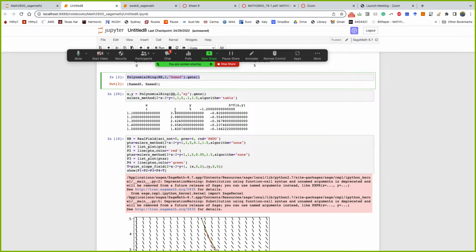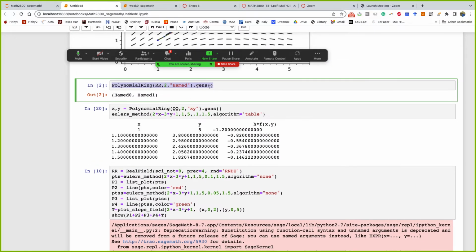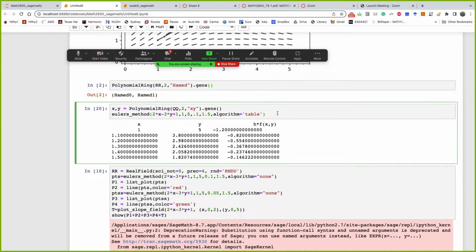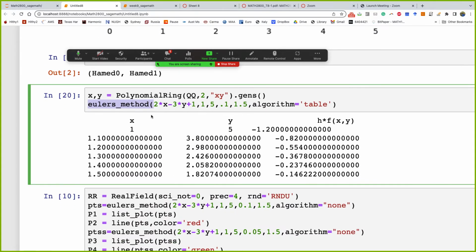So what I want to do is use the SageMath. We have the Euler method prepared here, but to be honest, we should implement it.